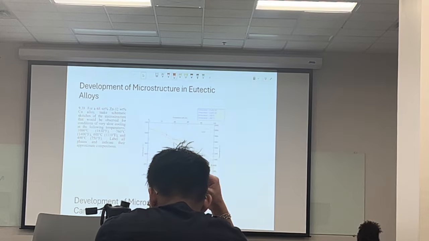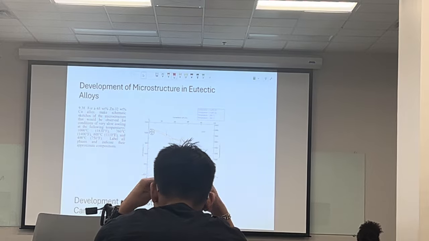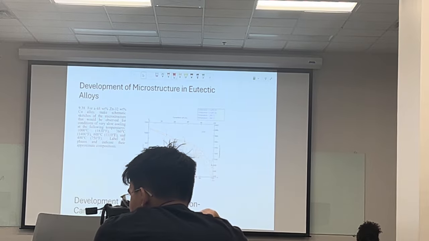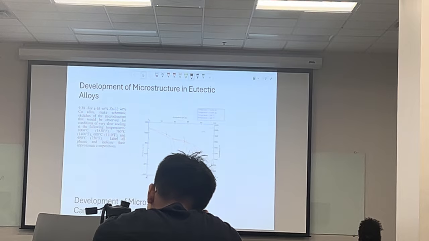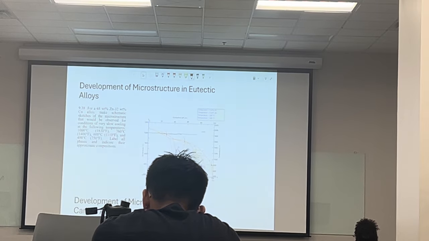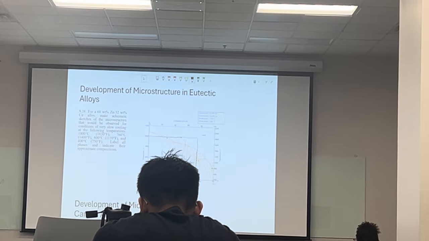So essentially, we need to find where we have 68 weight percent of zinc, which is about right here. Then we're going to start at 1,000 all the way over, and then we're drawing it down. It's not a very big line.